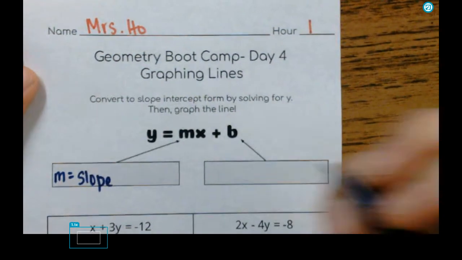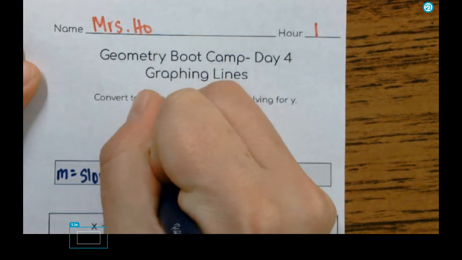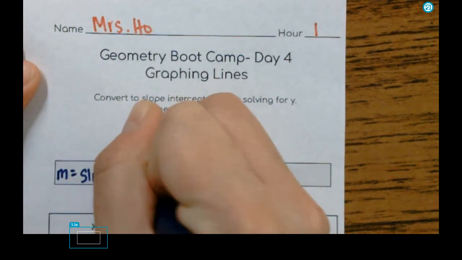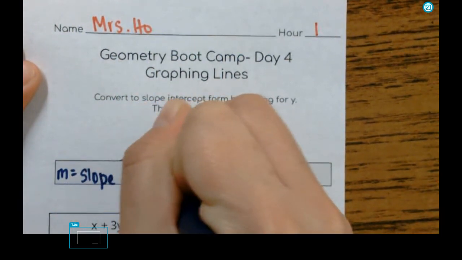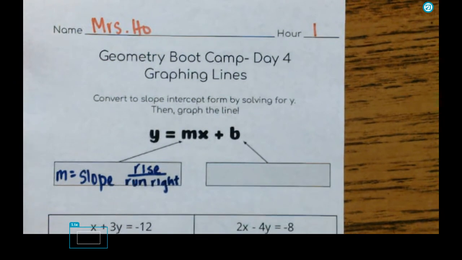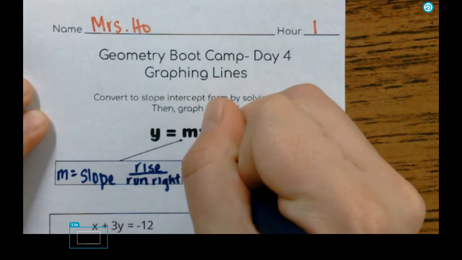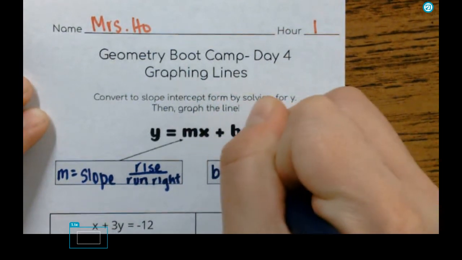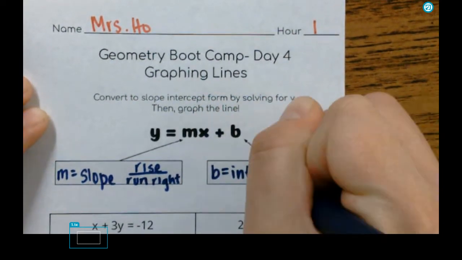And slope is always going to be my rise over my run. Then my b is my intercept. So it goes in order of slope and then intercept. And I spelled intercept wrong.